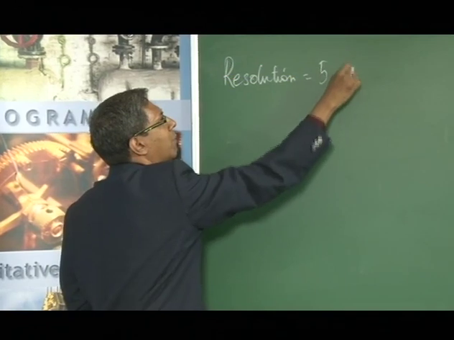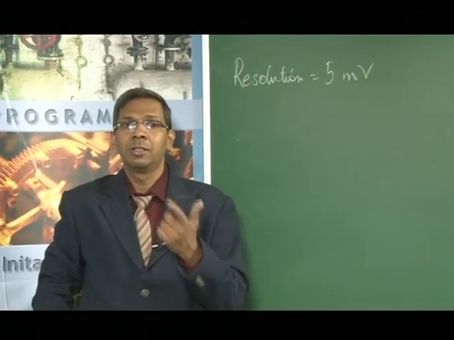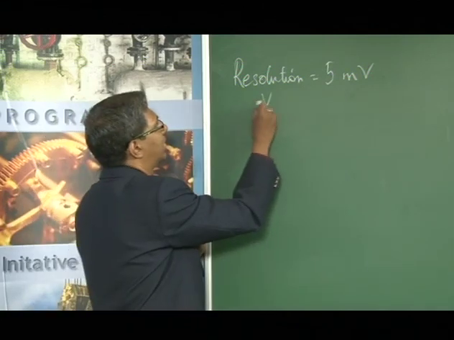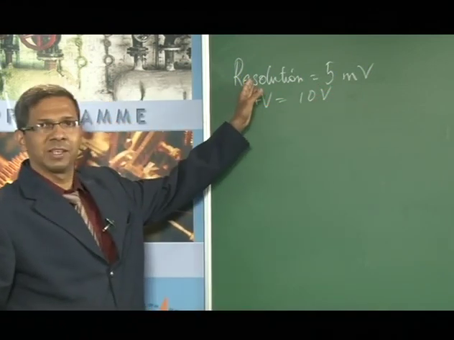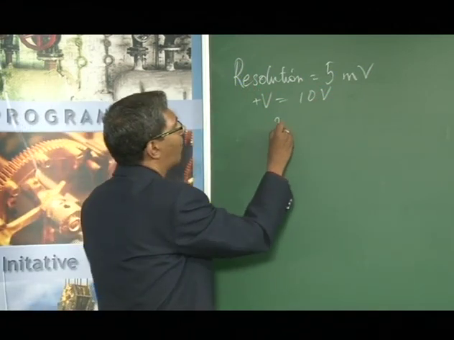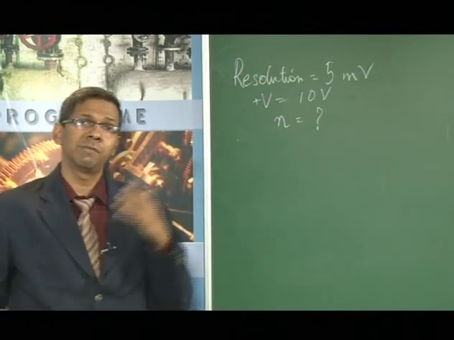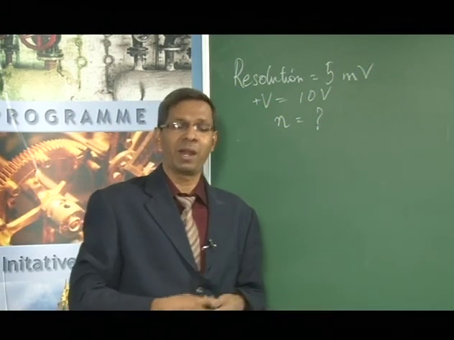And it is using an R2R ladder network and it has a 10 volt full scale, that is your plus V is 10 volts. So resolution is given and you are asked to find the value of N. Is this a 4-bit converter, a 5-bit converter, or a 10-bit converter? We don't know. So we have to figure out and find out.